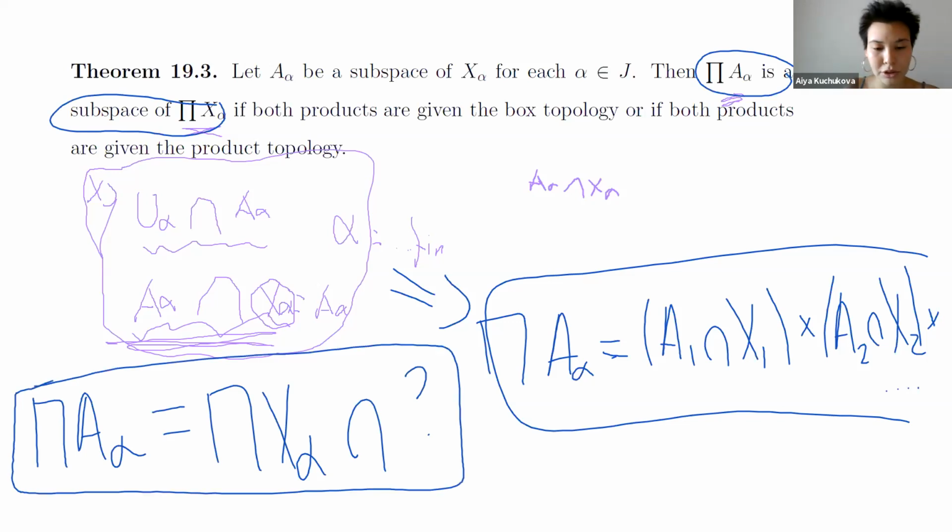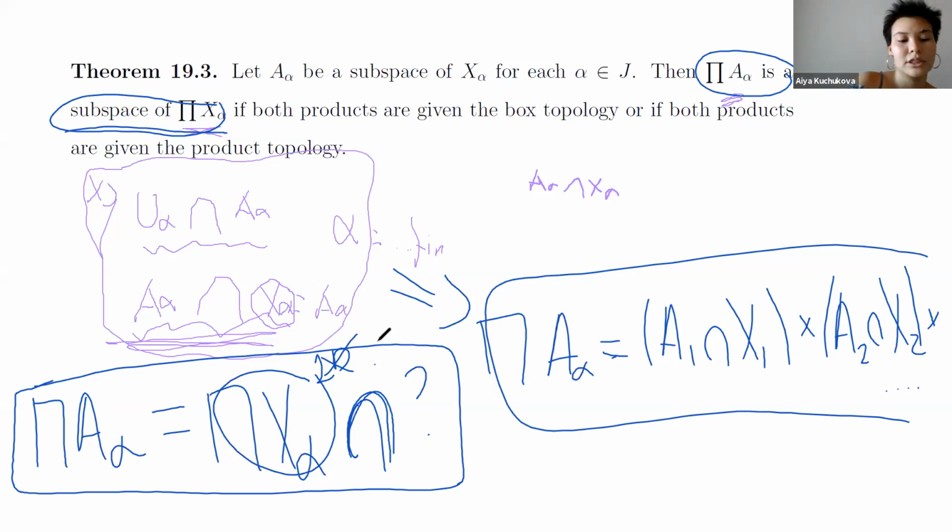I think that's the definition of a subspace, right? But I'm not sure how you do the definition of a subspace in a multidimensional setting, because this is not a one-dimensional thing. It has multiple dimensions, because it's a cross product. So the first question is, how do you define a subspace in multidimensional spaces? And the second is, how do you finish the proof?